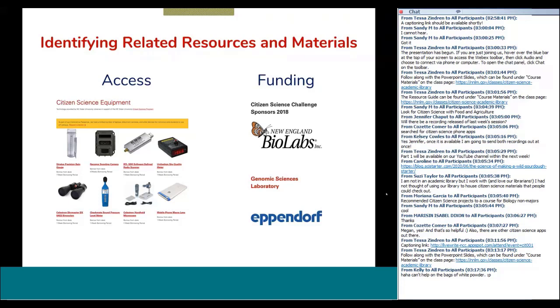Libraries are very, very networked organizations. So reach out to the connections you have on campus, and there's tons of relationships out there. And negotiating with a pipette company is way more fun than negotiating with certain other vendors that libraries work with. So next slide, please.